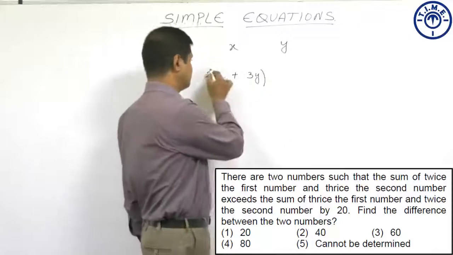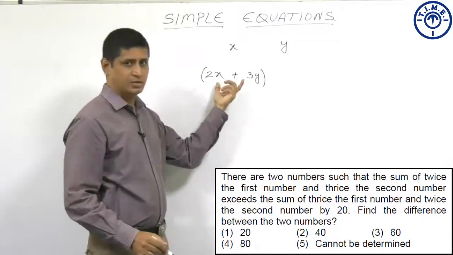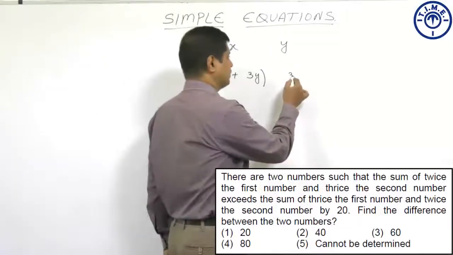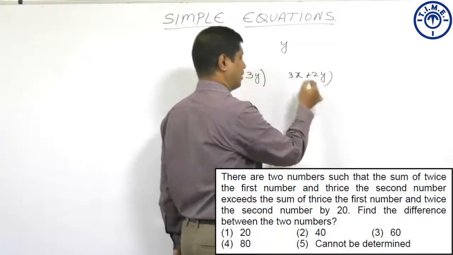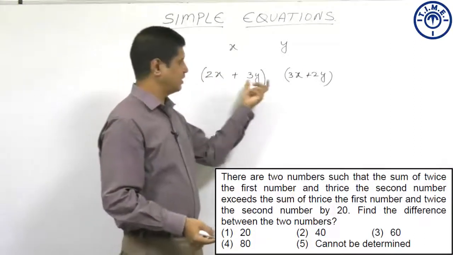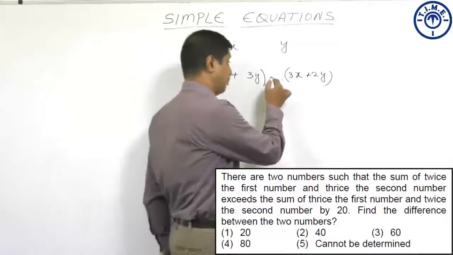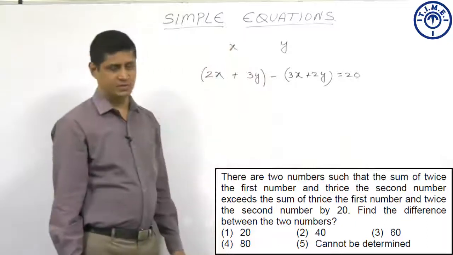So, the value of 2 times the first number plus 3 times the second number is greater than the sum of 3 times the first number and 2 times the second number. The value of this one is greater than the value of 3x plus 2y by 20. This is the meaning of the statement.